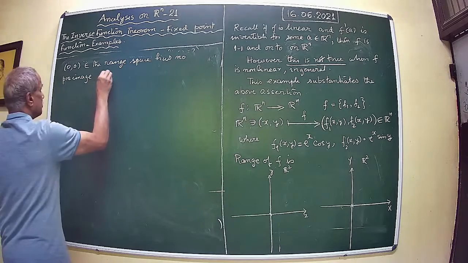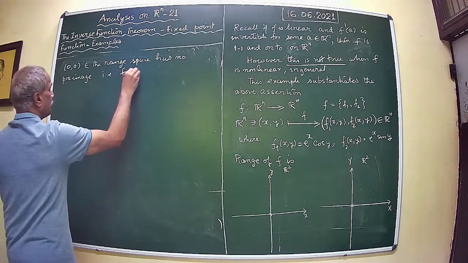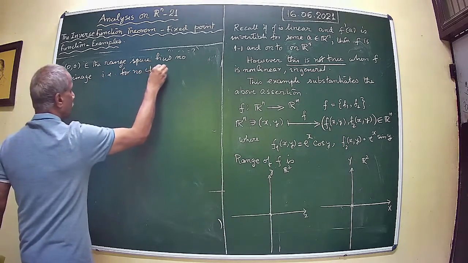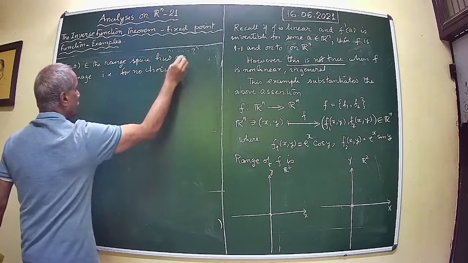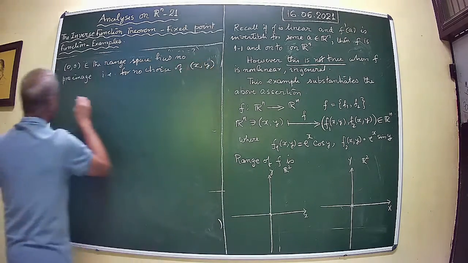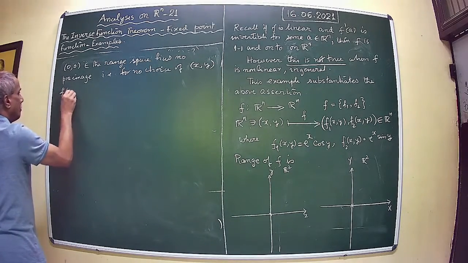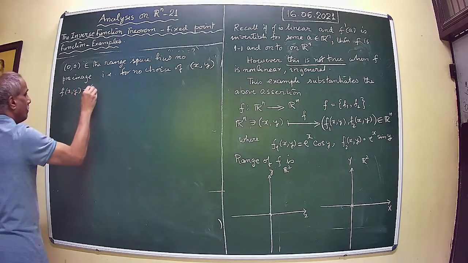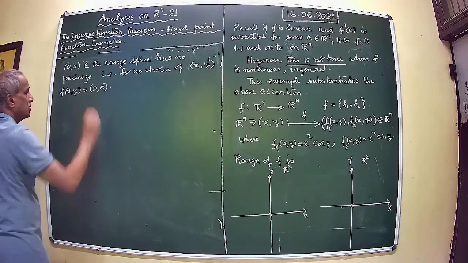That is, for no choice of x and y is it zero.